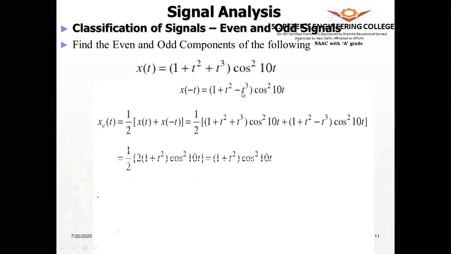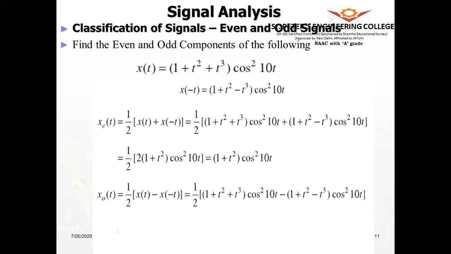So this is the even component of the signal, 1 plus t square cos square 10t. Similarly, we can find the odd component, and the odd component turns out to be t cube cos square 10t. So in simple terms, the even powers, starting from t power 0 which is 1, are even terms and the odd powers are odd terms. That way also we can take this problem.